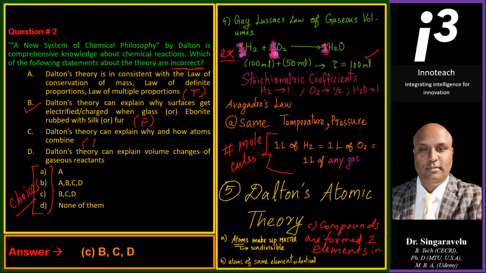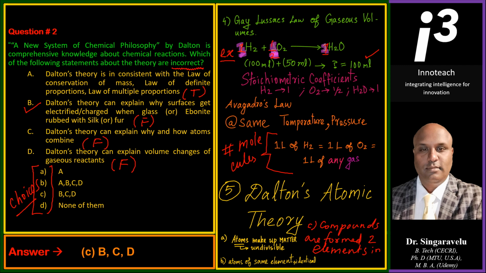So this statement is also false, or incorrect according to us. Then D. Dalton's theory can explain volume changes of gaseous reactants. You recollect from our discussion that it was Gay-Lussac's law of volumes, not Dalton's theory, which deals with the volume changes of gaseous reactants.